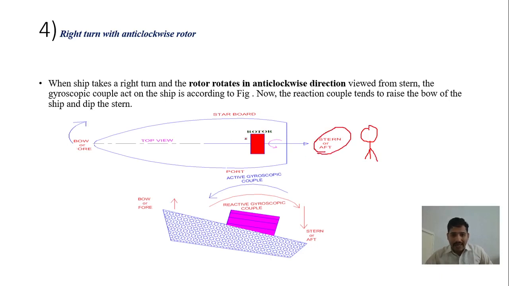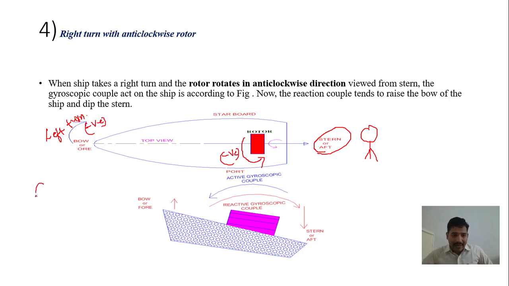This rotor is rotating in anti-clockwise direction. It is considered as negative, and then if you are taking the left turn, it is considered as again negative. So what can we do here? Negative.